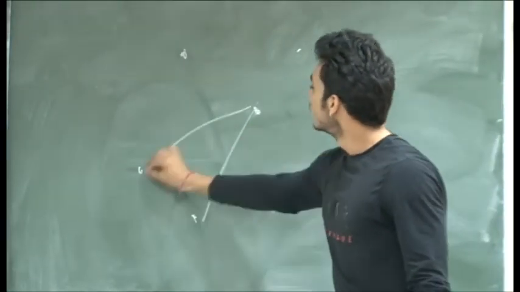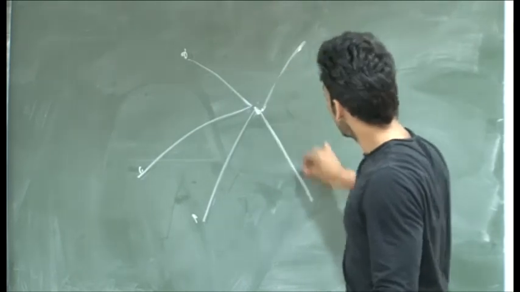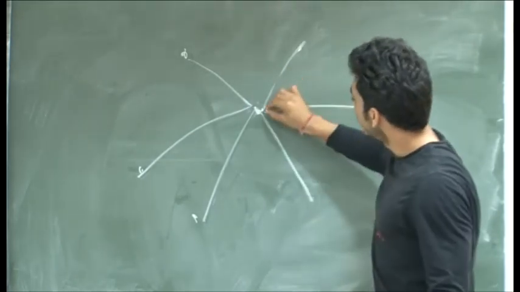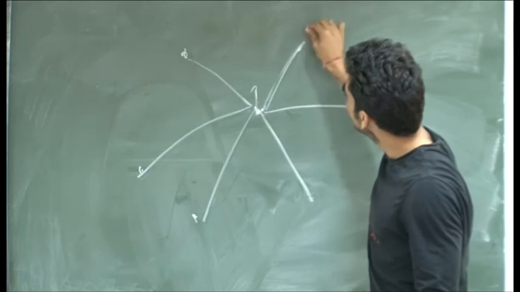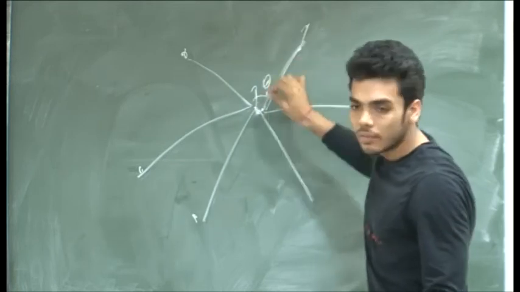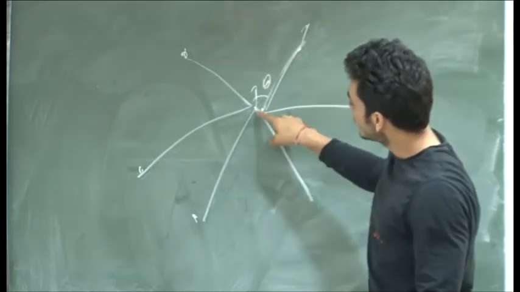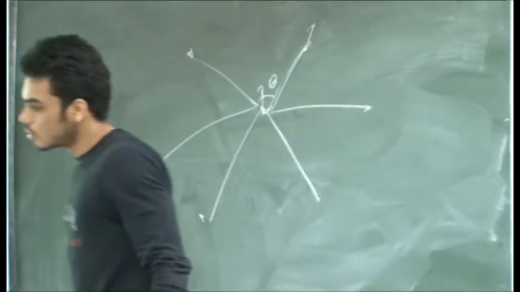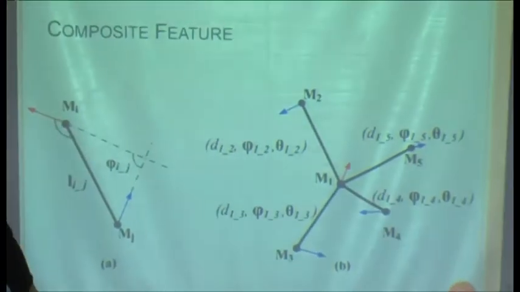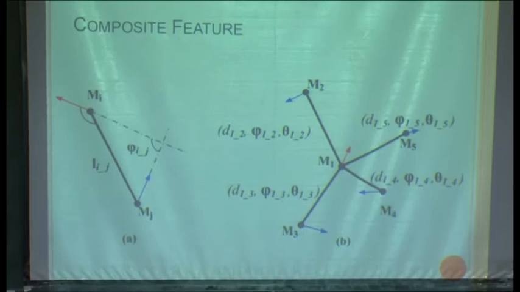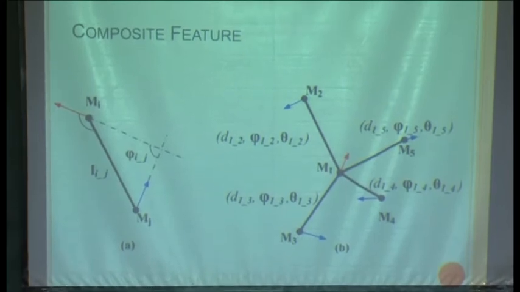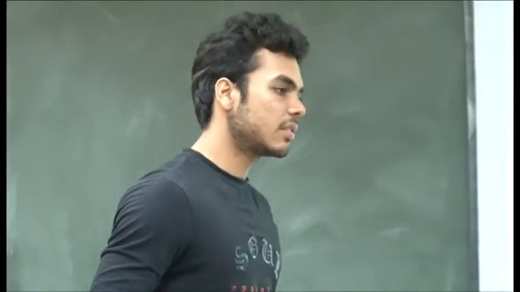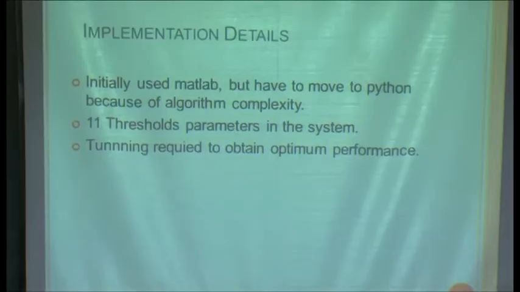We join all these edges and store the distance value, the difference in the angle, and the relative angle. So for each minutiae point, we have a composite vector. In total, if there are n points in the system, then the composite vector will have n minus 1 features, and there will be n of these vectors.